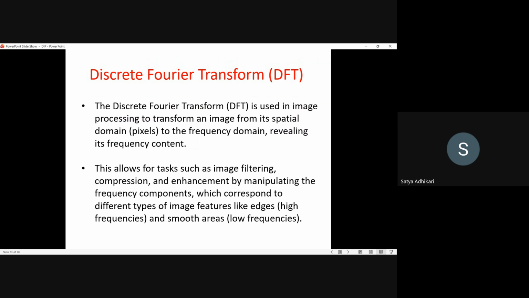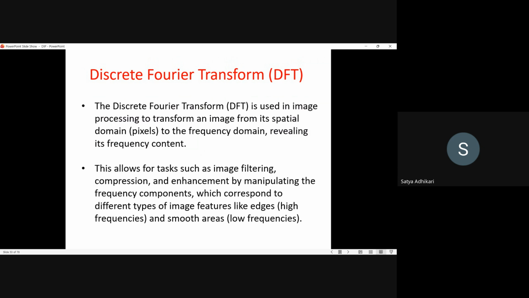Once it is converted to the frequency domain, you perform some operations like smoothing, enhancement, sharpening. Then it is converted to its original spatial domain by using the inverse discrete Fourier transform, IDFT.